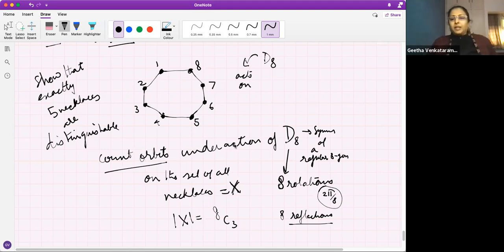You can pretty much quickly see that the rotations are not going to fix anything. Just think of it, you have 3 black beads somewhere scattered in this necklace, and the moment you do any non-zero degree rotation, it's obviously going to move them.